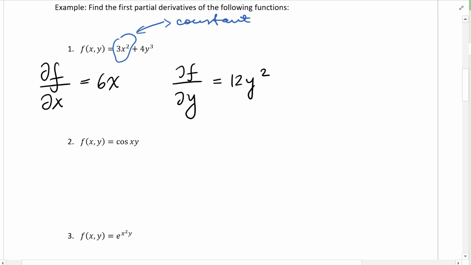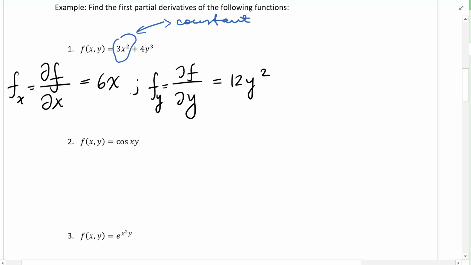Another notation for the derivative of f with respect to x could be f sub x, and the same f sub y.